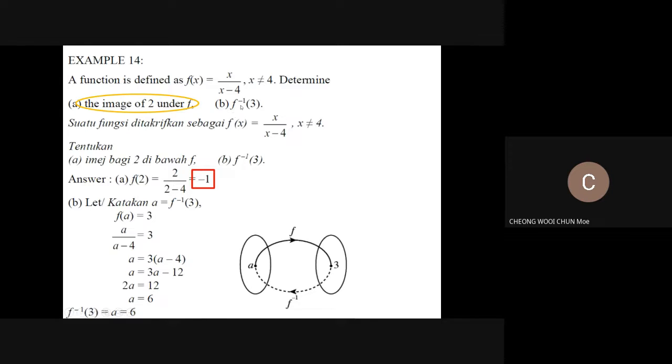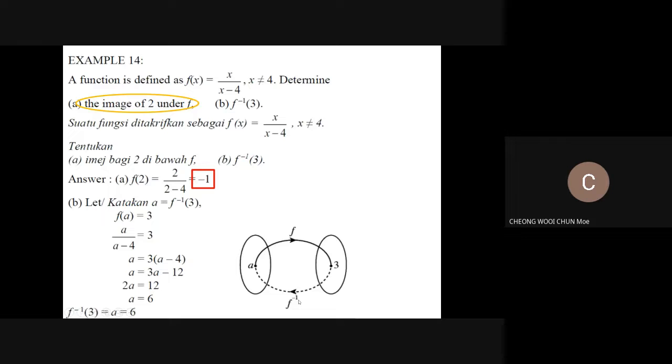So B, inverse f of 3. Before you can get the inverse function f, you need to find the inverse of f. So let's say you got this diagram, this is the object, this is the image. The function f maps from A to 3.